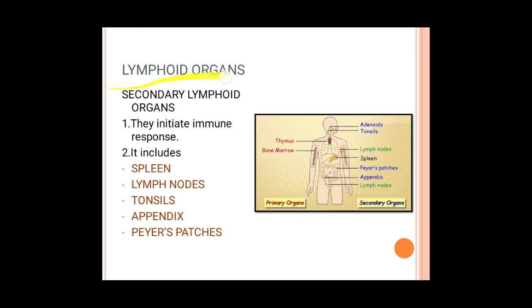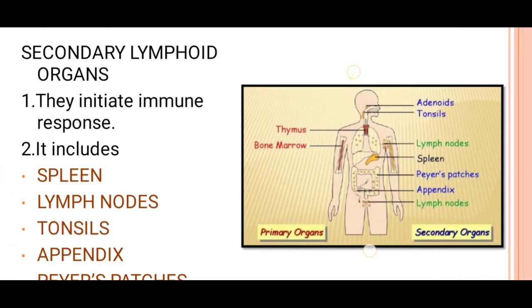Now about secondary lymphoid organs. Secondary lymphoid organs help to initiate immune response. The examples for secondary lymphoid organs are spleen, lymph nodes, tonsils, appendix, and Peyer's patches. Spleen is an organ present in the upper left part of the stomach.